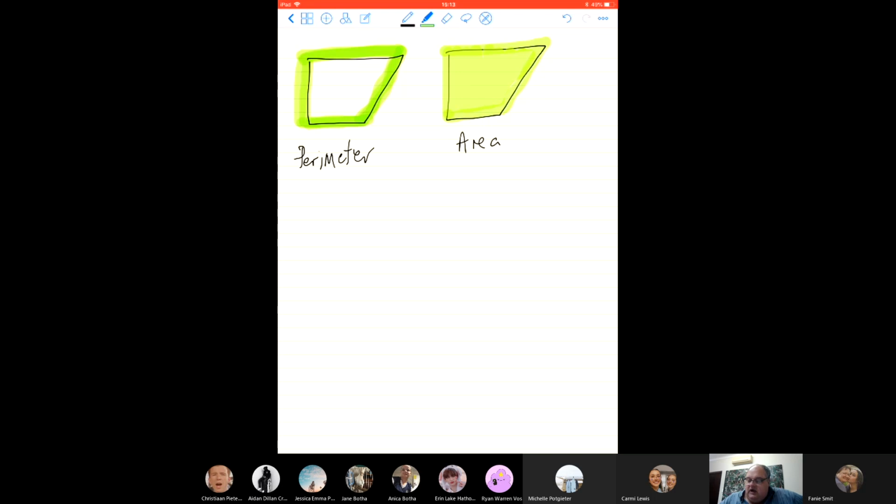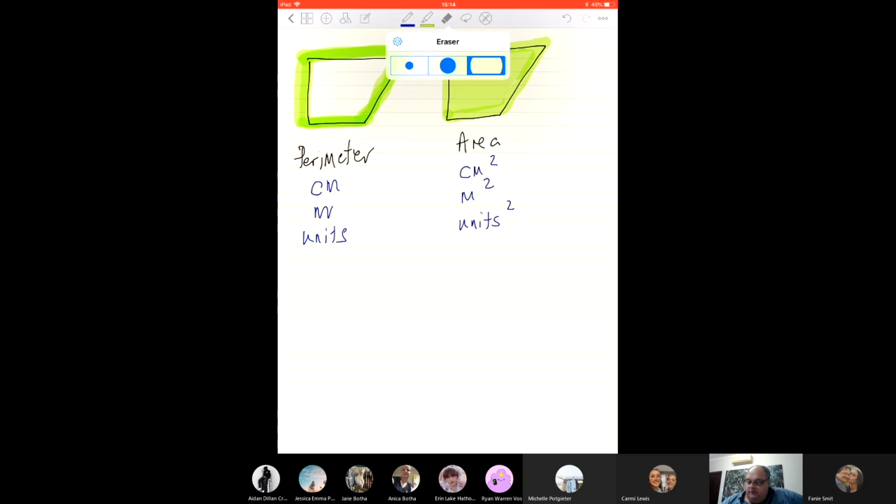Perimeter will always be in centimeters, or meters, or units. But if it's area, it will be in square centimeters, or square meters, or square units. So area is different from perimeter. Perimeter is just a walkabout, and with area you're actually painting everything.